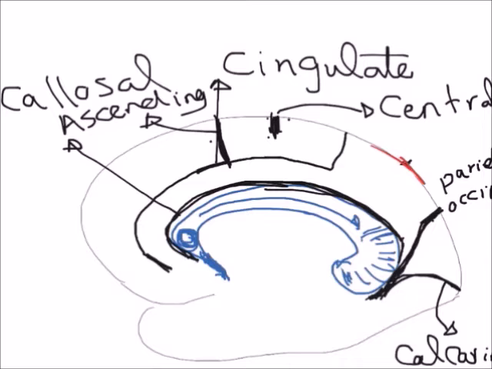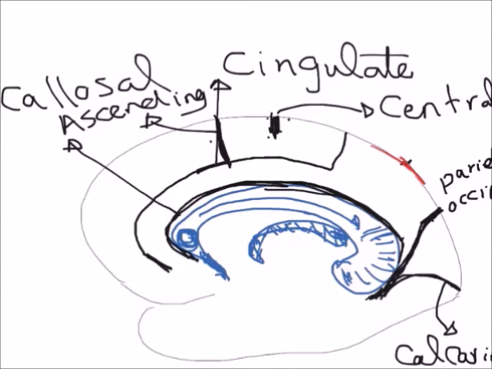Another structure we should identify on the medial side of the brain is the fornix. This part here is called the fornix. It's part of the limbic system of the brain and also part of the commissural fibers of the brain.